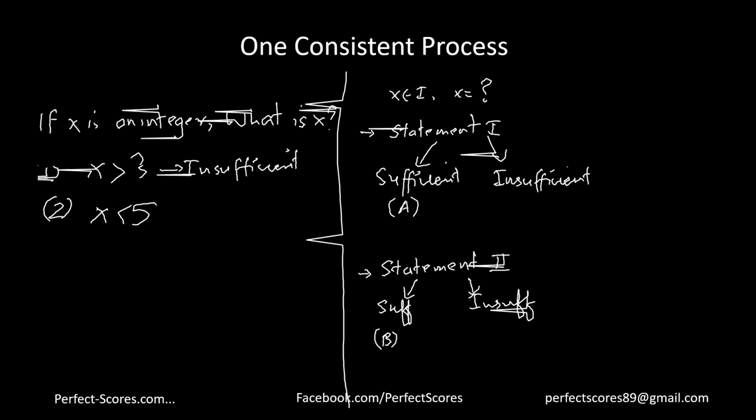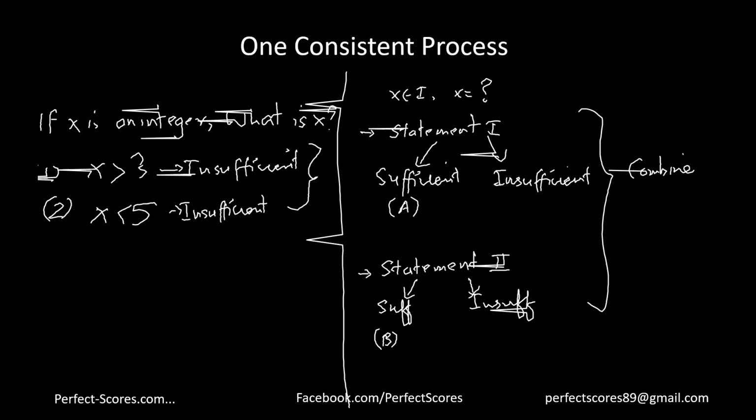Now what do you do? If statement 1 turns out to be insufficient, statement 2 turns out to be insufficient, then you combine both the statements. So just like in this question, statement 2 is also insufficient. But now you combine both the statements. When you combine both the statements, then you actually consider the facts from individual statements.